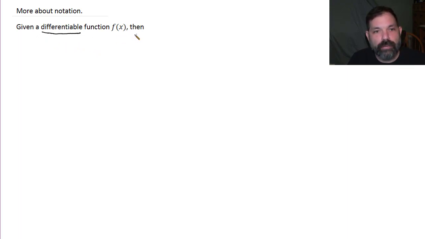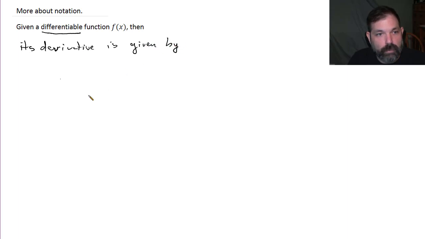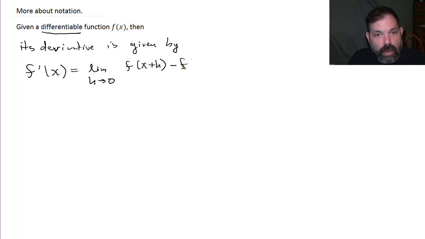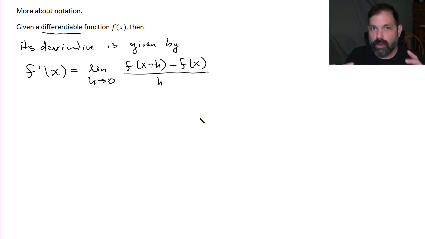Given a differentiable function, f of x, then its derivative function, its derivative, is given by f prime at x equal to the limit with h approaching 0 of f of x plus h minus f of x divided by h. Notice again that this is the same as the second definition of the derivative, where instead of using a, I'm using x.